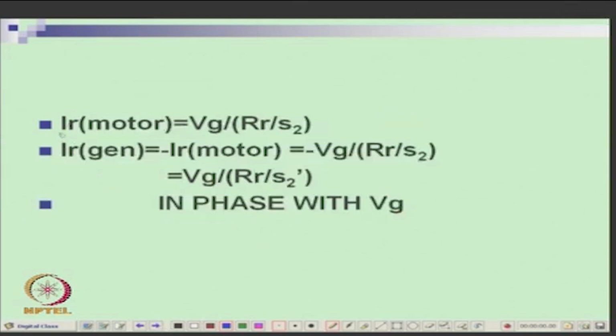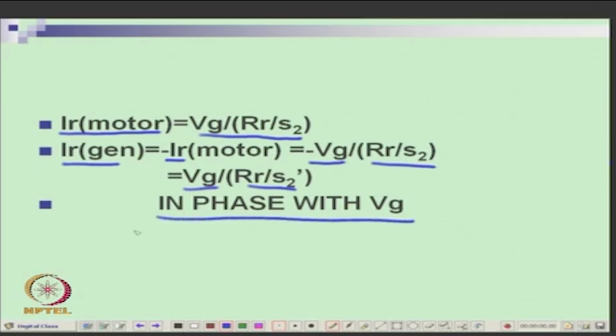Then the motor current IR as a motor is Vg by RR by S2, and IR as generator is minus IR as a motor, which is minus Vg by RR by S2, or Vg by RR by S2 dash. So, that will be in phase with Vg, because IR generator is minus of IR motor.